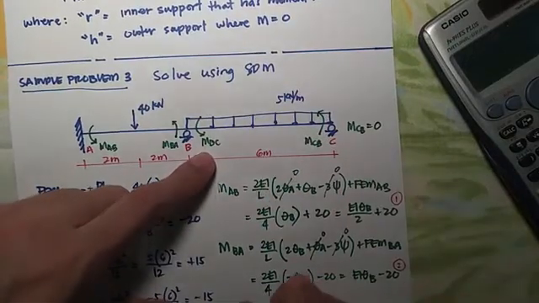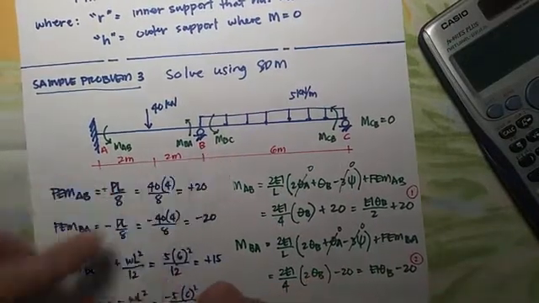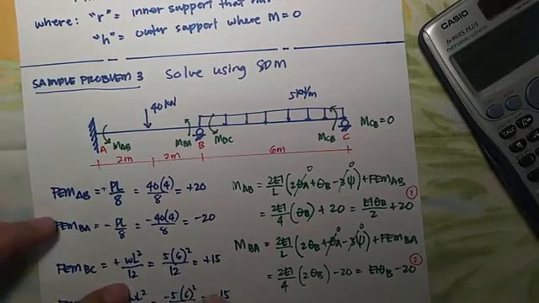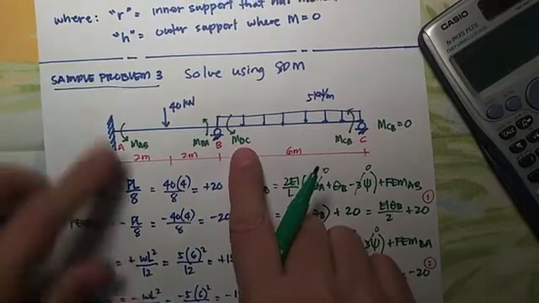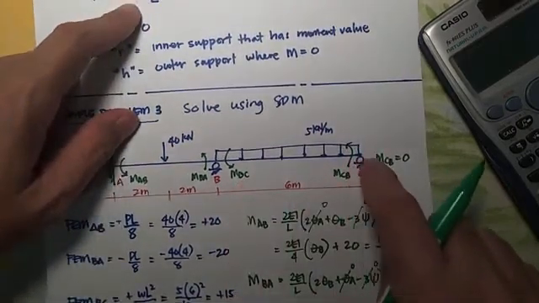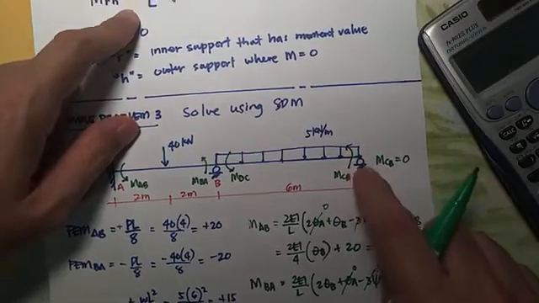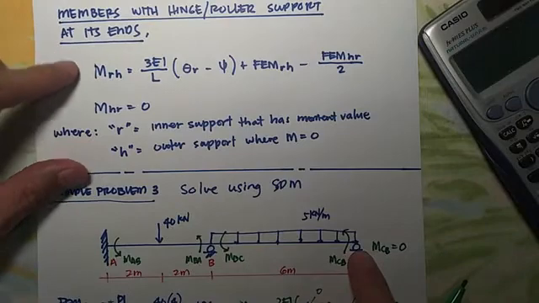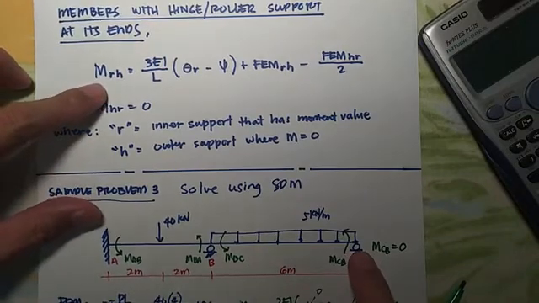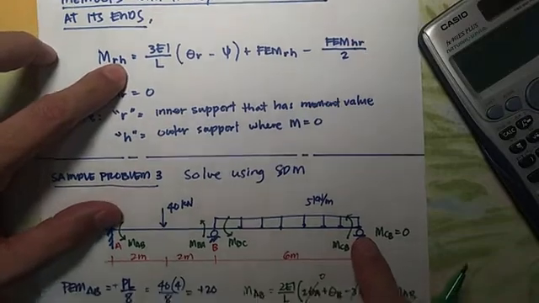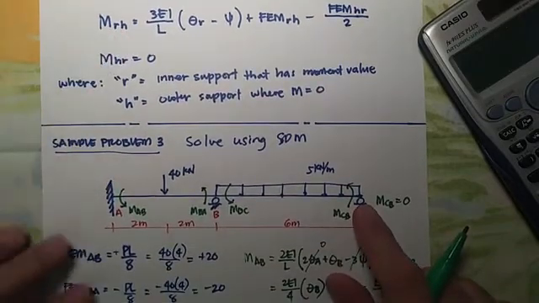So how do we write it? The MBC would be similar to the modified equation because the other end has a zero moment, so that would be applicable. So B is our R, and H would be the C.